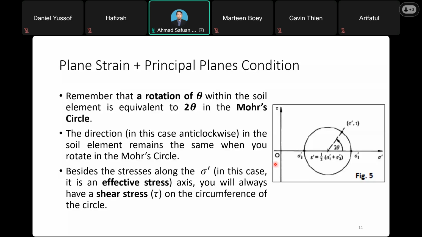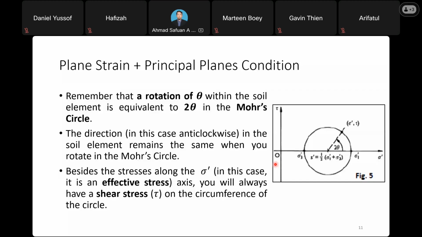As we have mentioned before, when we compress the soil, in the Mohr circle we consider it as anti-clockwise. So besides the stress along the sigma prime axis, in this case the effective stress, you will always have a shear stress on the circumference of the circle.